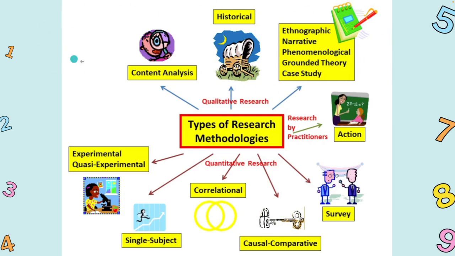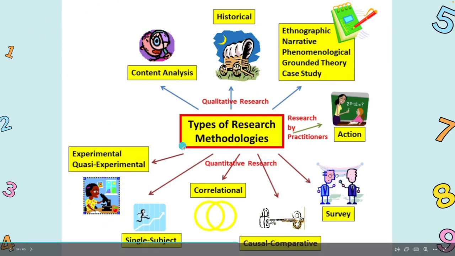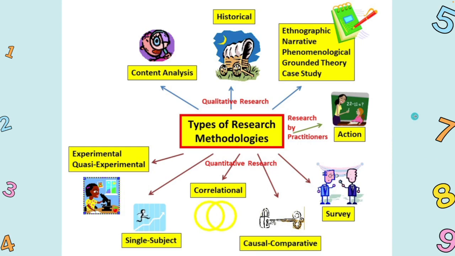These are all qualitative type research. The quantitative type research: experimental or quasi experimental. Then there's single subject research, which is the quantitative alternative to the case study. There's also the correlational type research, as well as the causal comparative, and then there's survey type research.